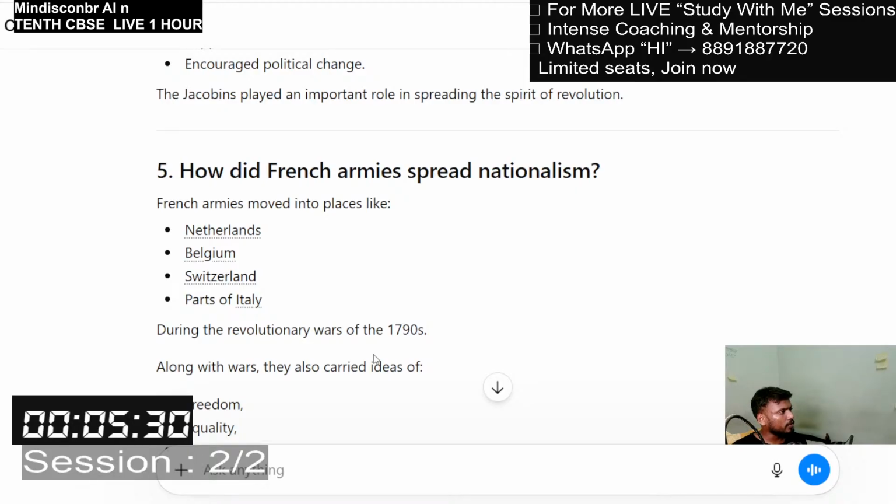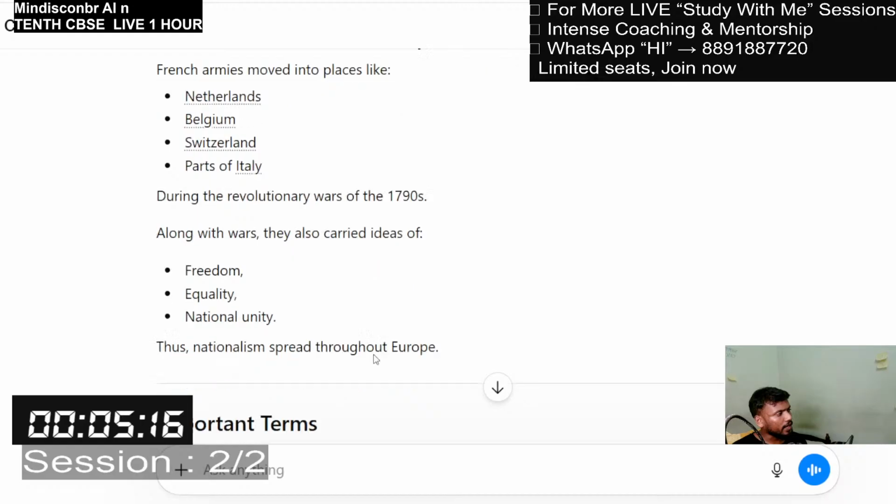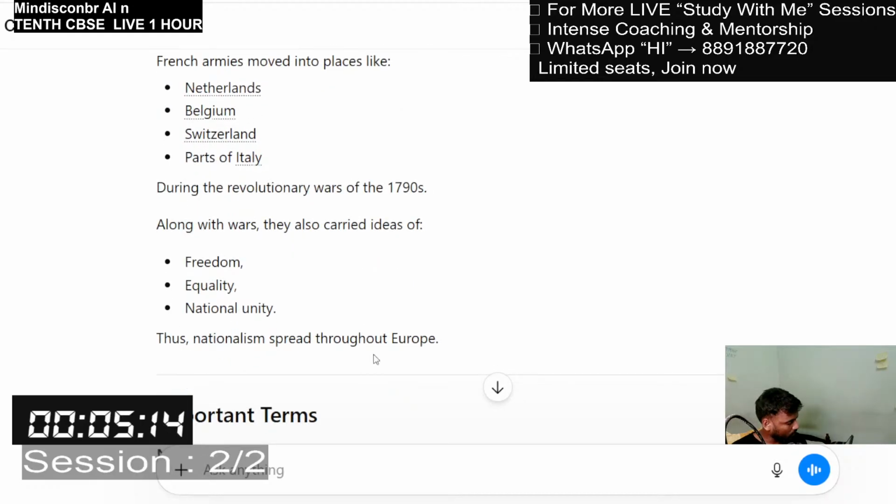French armies moved into places like the Netherlands, Belgium, Switzerland, and parts of Italy during the revolutionary wars of the 1790s. Along with the wars, they also carried the ideas of freedom, equality, and national unity. Thus, nationalism spread throughout Europe.